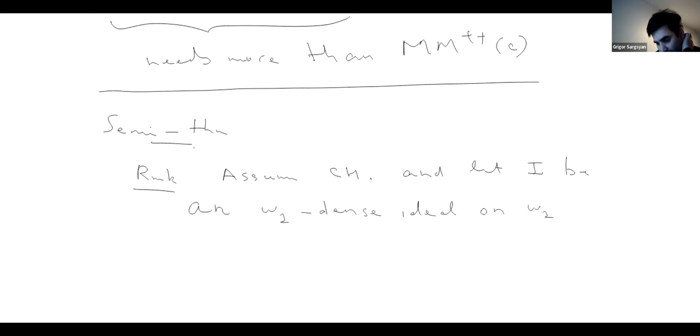What this means is that if you collapse omega 1 to omega, then that induces a generic embedding. So that's the key point for the dense ideals. And if G, collapsing omega 1 to omega, is generic, right?